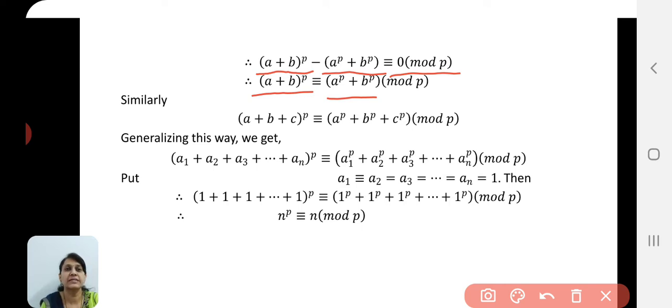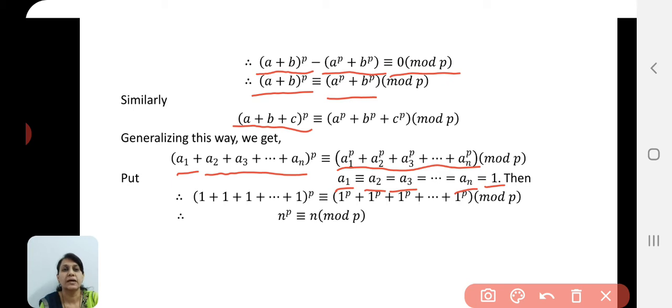Similarly, we can write this for (a plus b plus c) raised to p. Generalizing this way, (a1 plus a2 plus a3 and so on up to an) raised to p can be written like this. Now put a1 equal to a2 equal to a3 equal to an equal to 1.